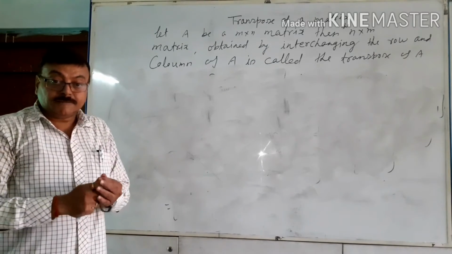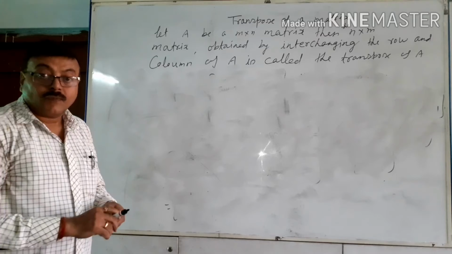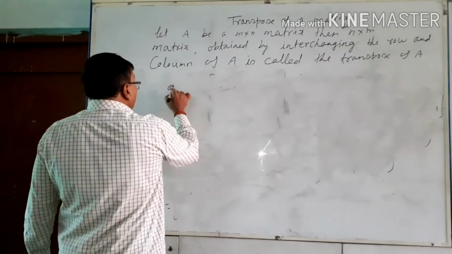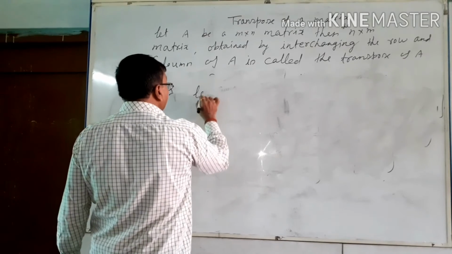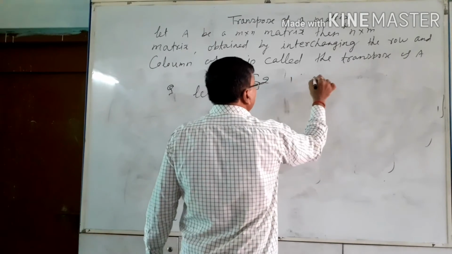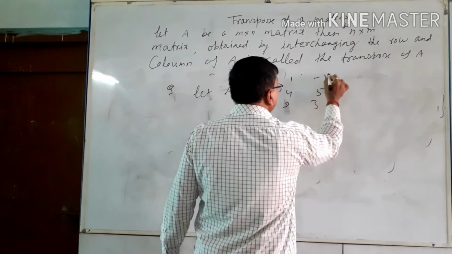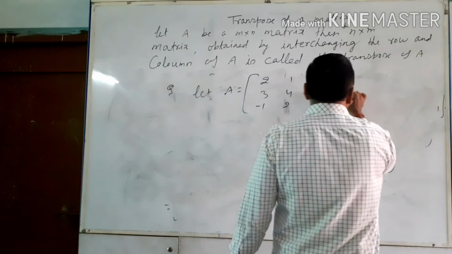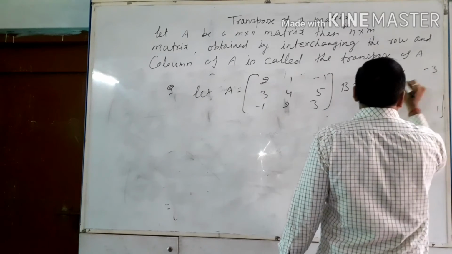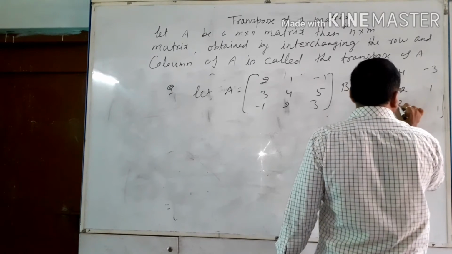The next question is: let A equal to 2 1 minus 1, 3 4 5, minus 1 2 3, and B equal to minus 1 4 3, 0 minus 2 1, 5 2 3.